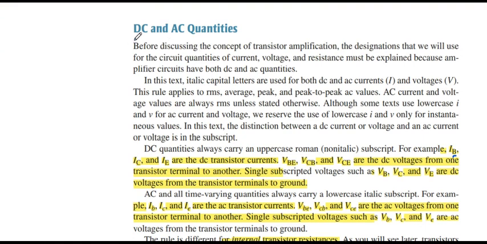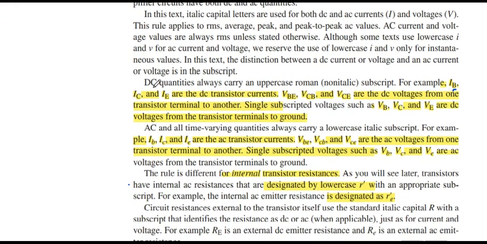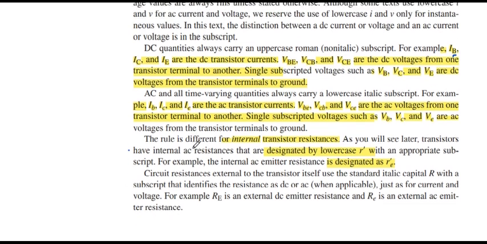First we discuss DC and AC quantities. In DC quantities we use uppercase letters like B, C, E as subscripts. If we apply a DC voltage to the transistor, we use uppercase subscripts for both current and voltage.